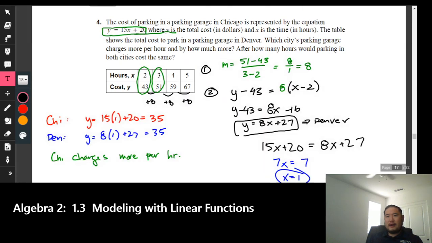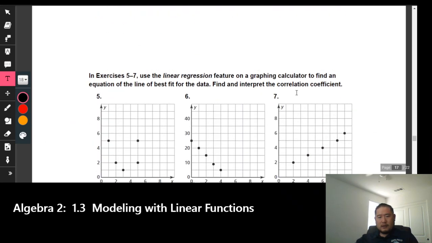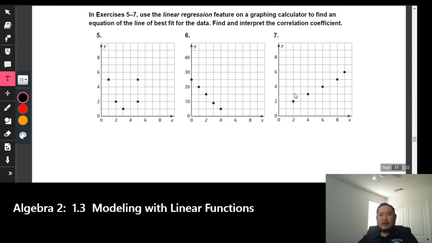The last part says, use a linear regression feature on a graphing calculator to find the equation of the line of best fit, and then interpret the correlation coefficient. So if I look at number 5, we have our data.